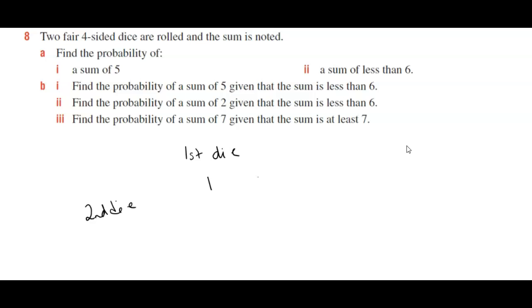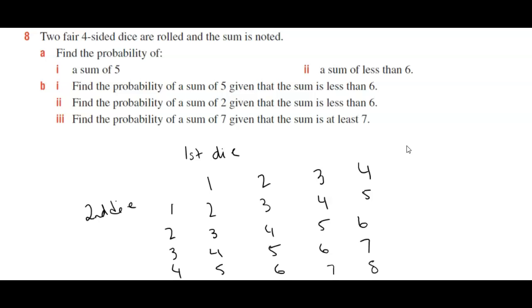So we can have a 1, 2, 3, 4. And the second die is 1, 2, 3, 4. So we're going to add them together. So 1 plus 1 is 2. This is very similar to a question we did before. 3, 4, 5, 6, 7, 5, 6, 7, 8.